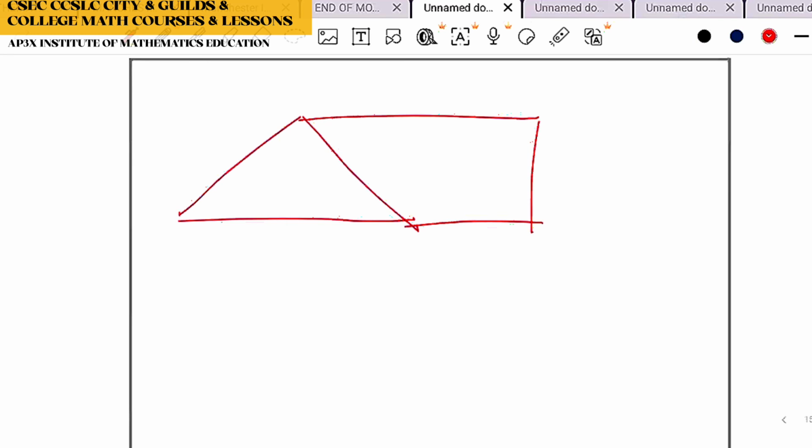I'm going to throw an angle in here, and I'm going to call this angle 38 degrees. I'm going to put this side to be, let's call this 12.2 centimeter.